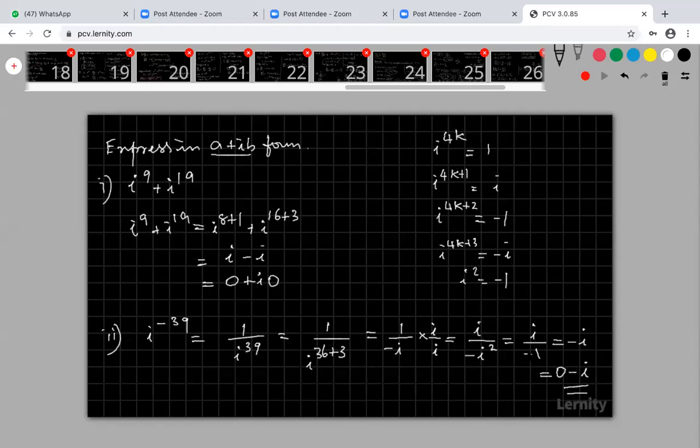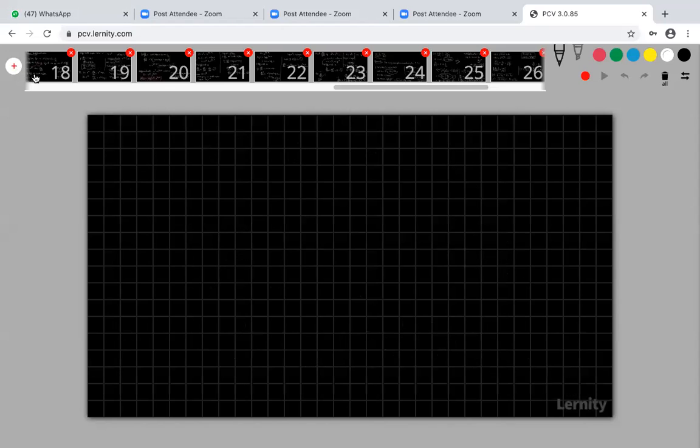Already one minus is there. Plus 1 only, I'm sorry. Already one minus 1 is there. I square is minus 1. Minus 1 into minus is plus 1. So therefore 0 plus i. The answer is 0 plus i. I power minus 13 is 0 plus i. Yeah, right. Thank you. Now come to the next problem.